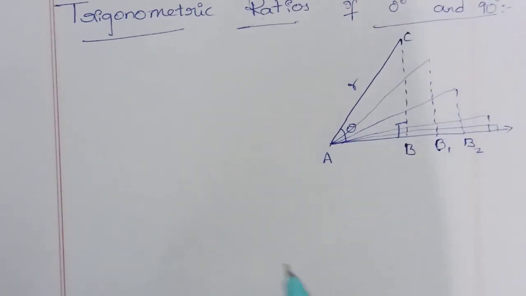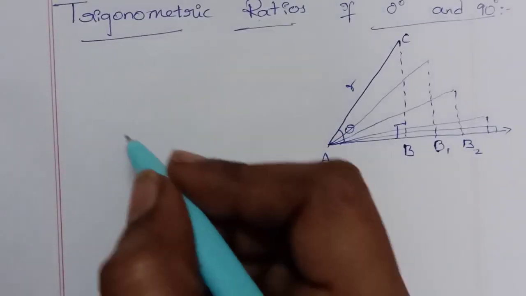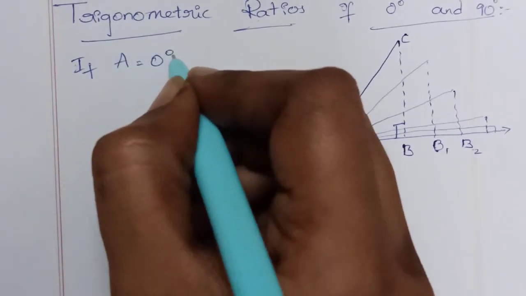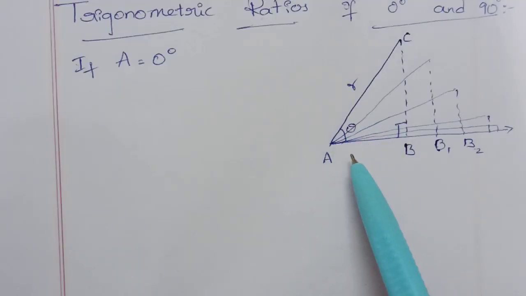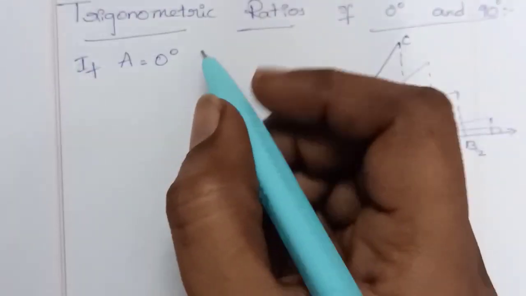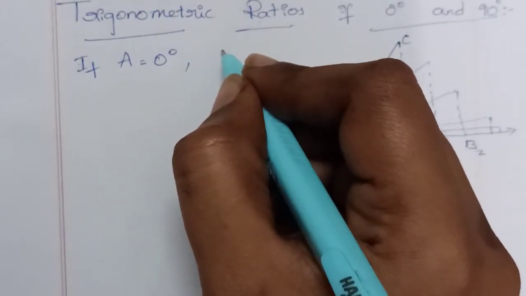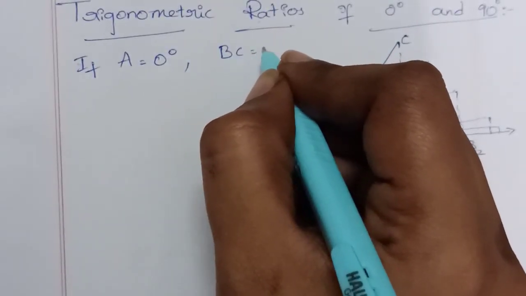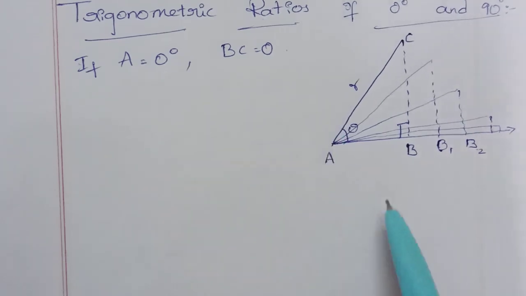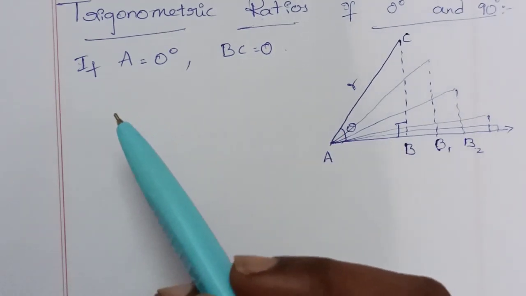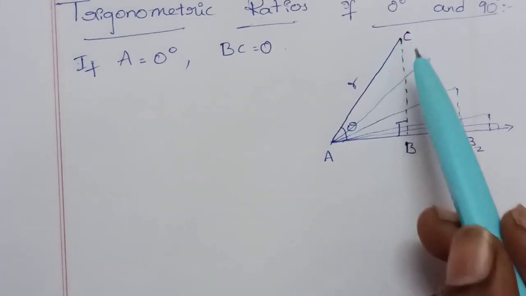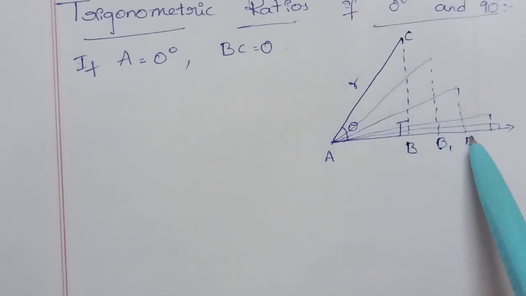Finally, when the angle becomes 0, if A is equal to 0 degrees, the length of BC will also become 0. BC is equal to 0. Here BC is the opposite side of this triangle. So the adjacent side AB is equal to hypotenuse AC. AC is merged with AB.